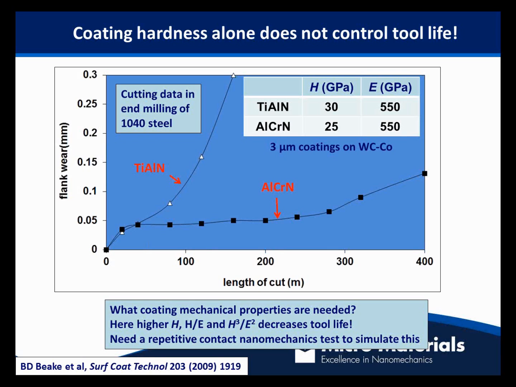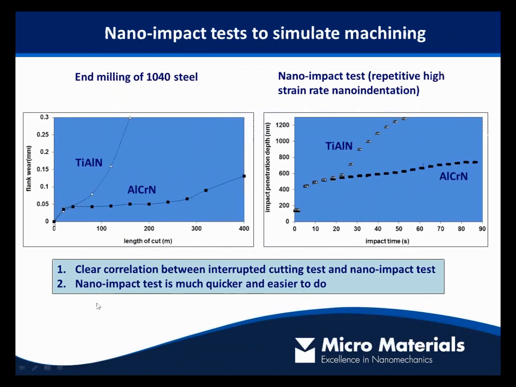And if we want to understand these type of things, then we need to simulate this behavior, and the nano-impact test provides us a way to do that. And without going into great details, you see on the right now is an example of nano-impact test data on those same two coatings. And you can see some really quite nice similarity between the two types of curves.